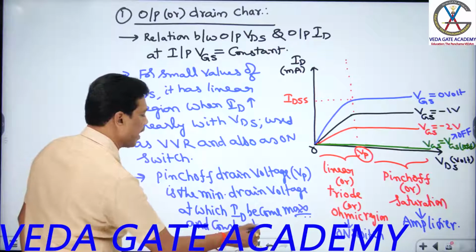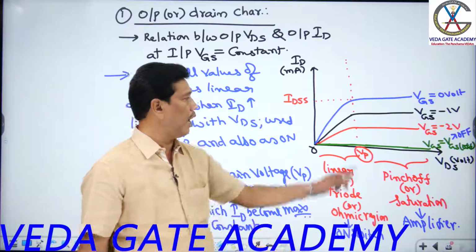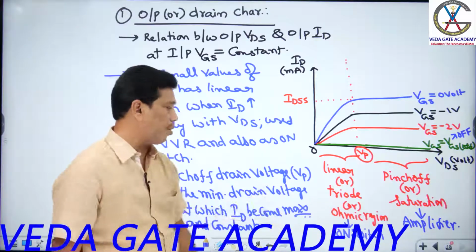So the drain current becomes maximum and constant, students. Means the highest number of carriers are drifting, after which there is no further change. So the drain current remains constant. That is called the pinch off drain voltage, students.